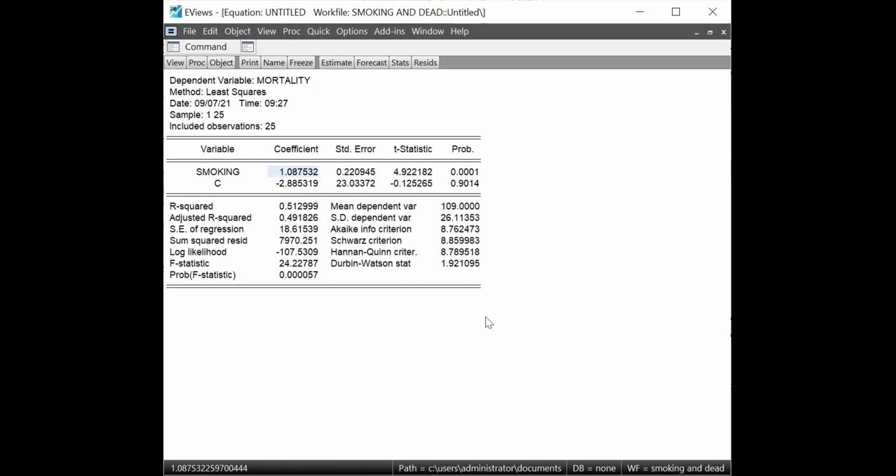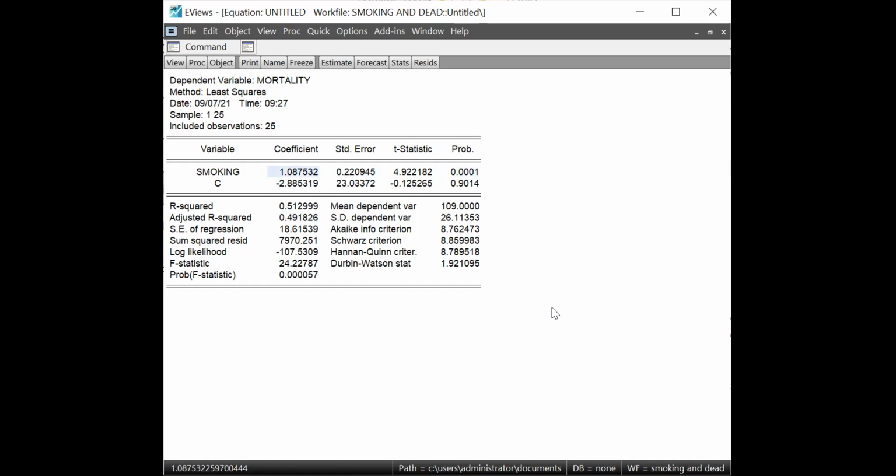Here we have 4.92, and the p-value of beta 2 is 0.001. That means less than 0.05, less than 5%. Based on this probability value of beta 2, this coefficient is statistically significant.